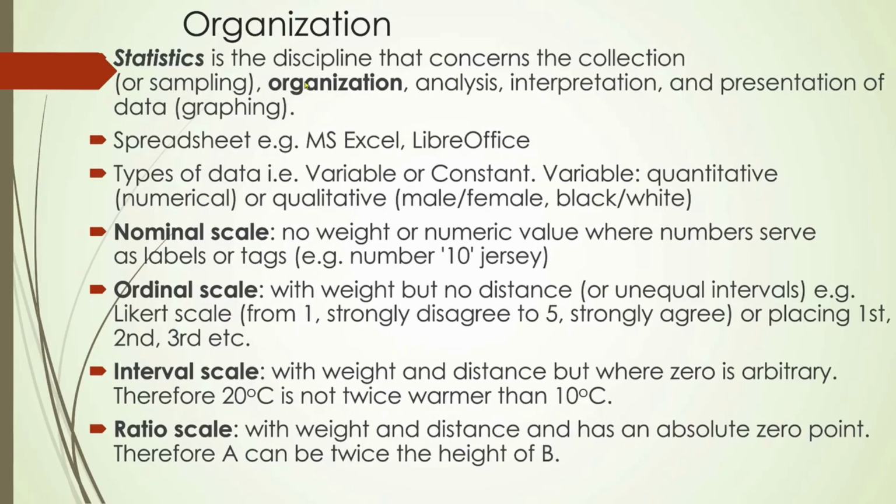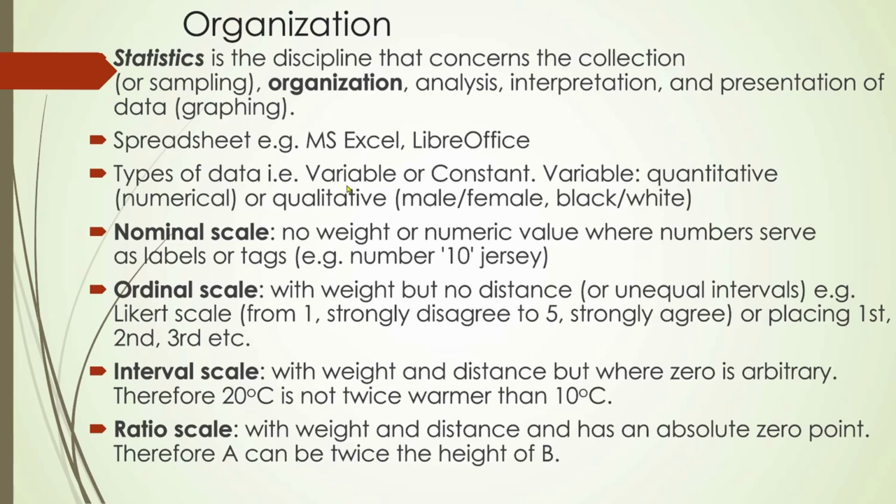Next, we look at the organization of your data. Usually to organize the data, we use a spreadsheet, for example Microsoft Excel or LibreOffice, in order for us to arrange, rearrange, and tabulate the data so that it is easier for us to analyze them and also to graph them later.